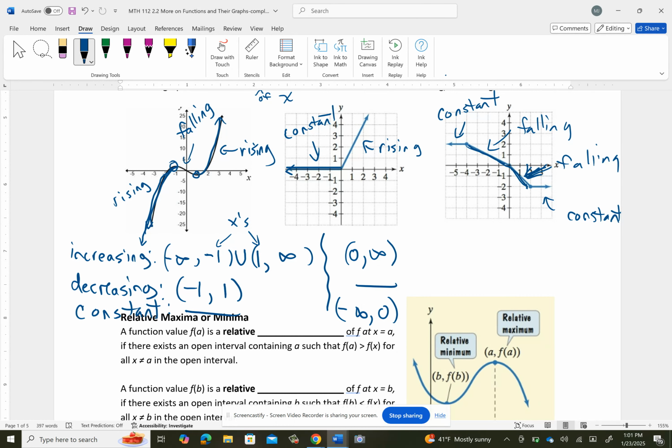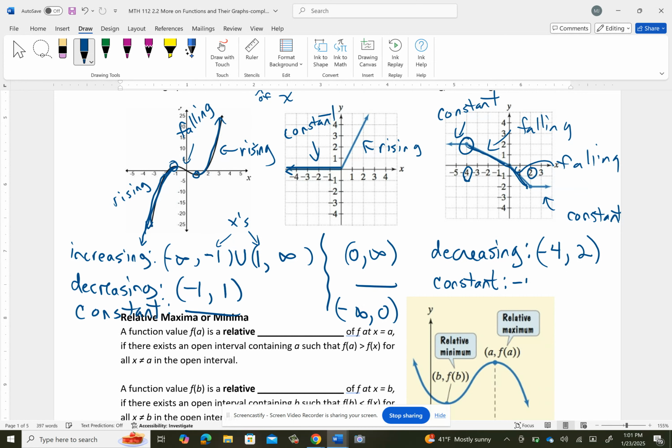Let me just write the words again here. So we're going to have decreasing just from an x of -4 to an x of 2. Okay, make sure you're using x's. So I'm looking at that point, but I'm not looking at the y coordinate of that point. I'm looking at the x of -4 to an x of 2 right here. Okay. And then for constant, I have two pieces.